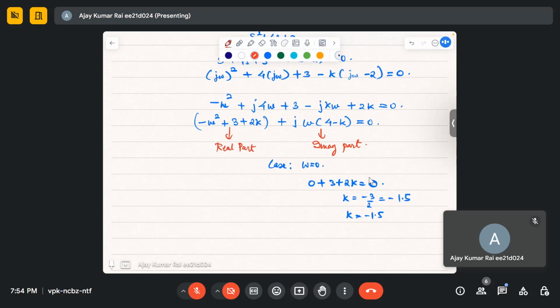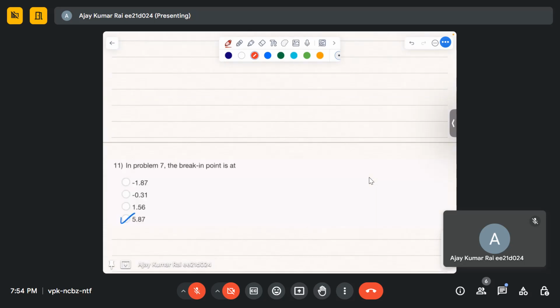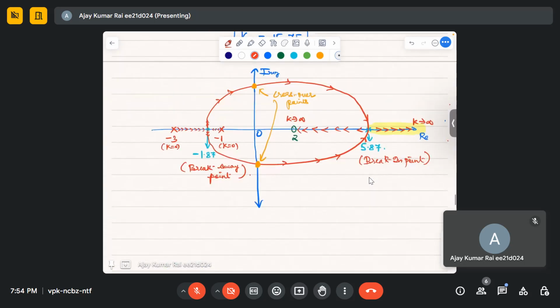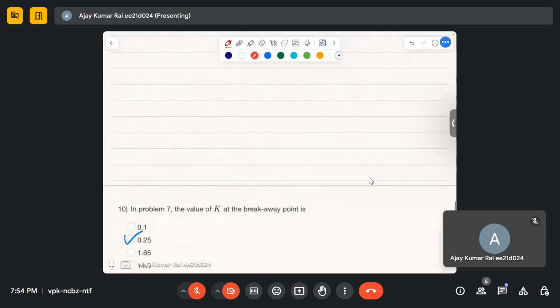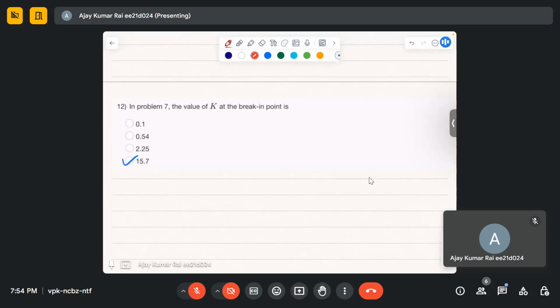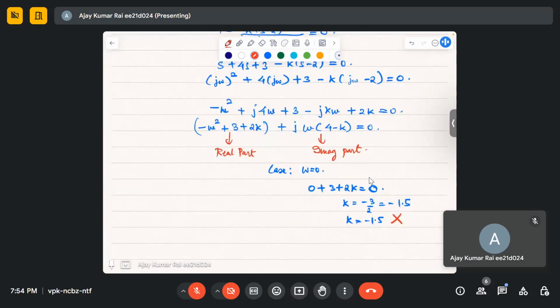So this cannot happen, this is an invalid case. So omega equal to 0 is not the crossover point. Already we know from the root locus that at omega equal to 0 there is no crossover point, and we are confirming that from here, because we are getting K to be negative.